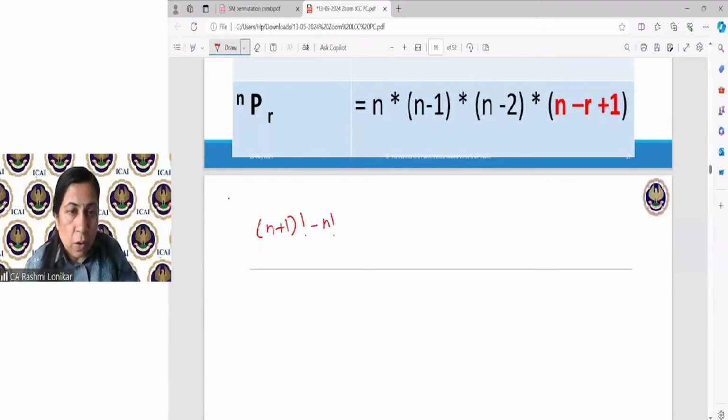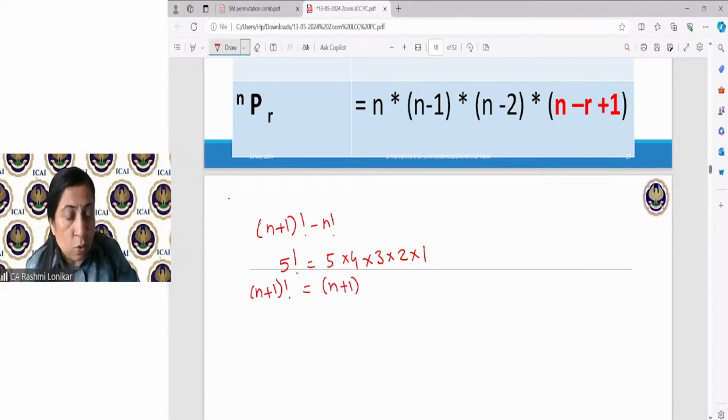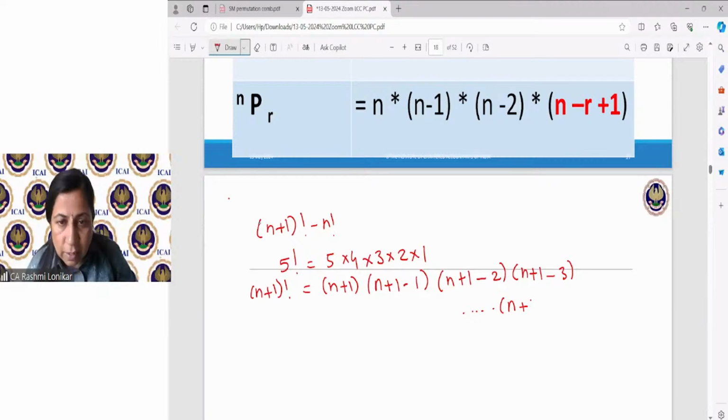Now, as I was saying, I can write 5 factorial as 5 into 4 into 3 into 2 into 1. Similarly, I will be able to write (n plus 1) factorial as, we will start from the number itself, n plus 1, then one less than that, so (n plus 1) minus 1, then (n plus 1) minus 2, then (n plus 1) minus 3. Till where? Up to 3 into 2 into 1, at the last it will come down to here.